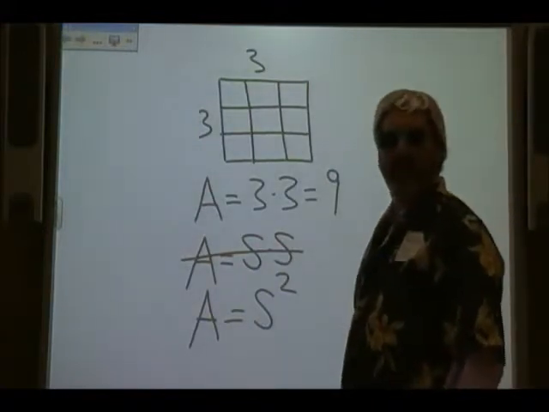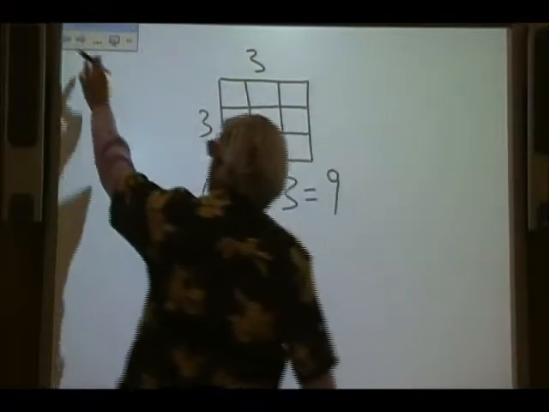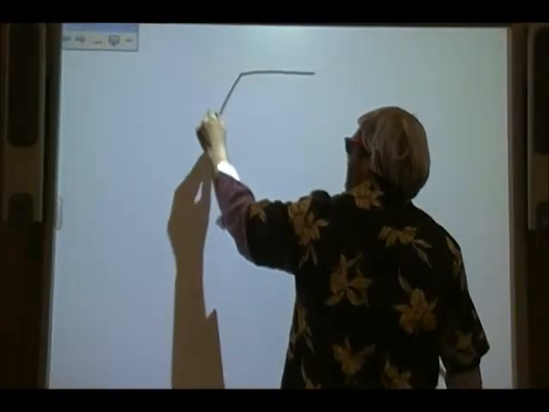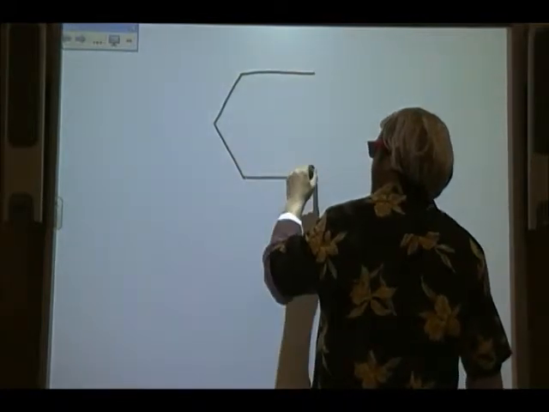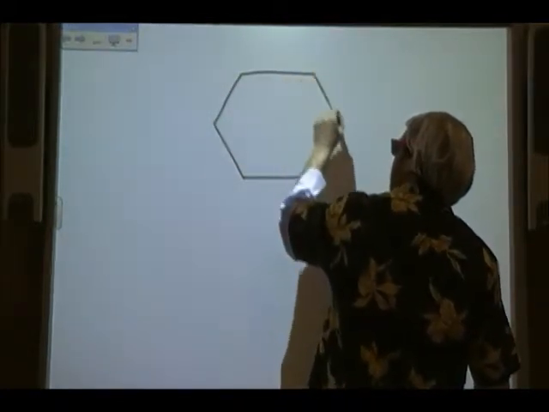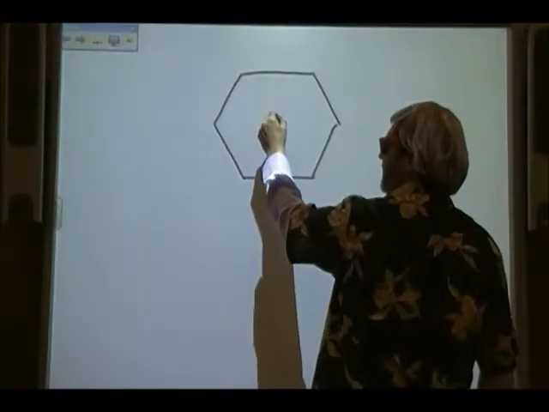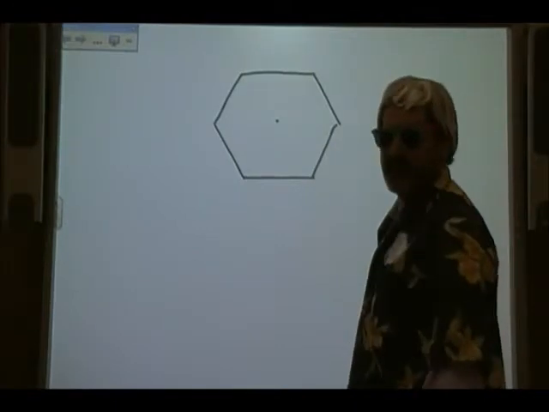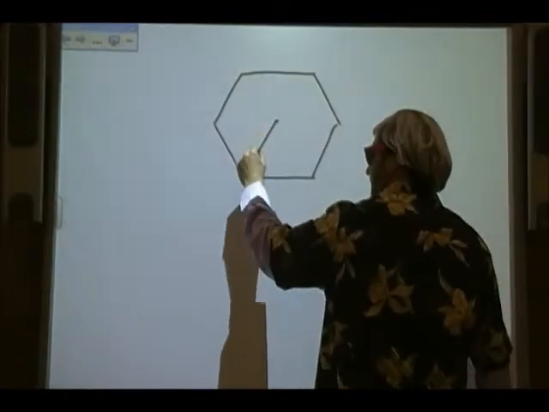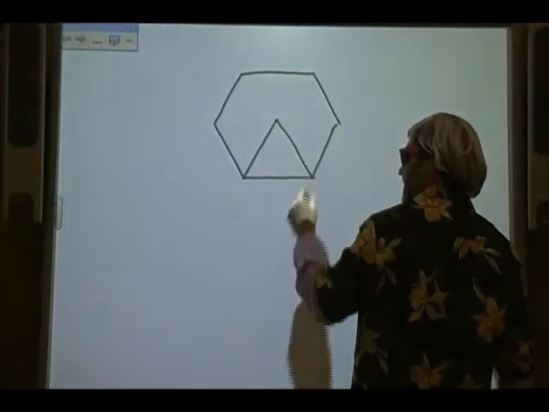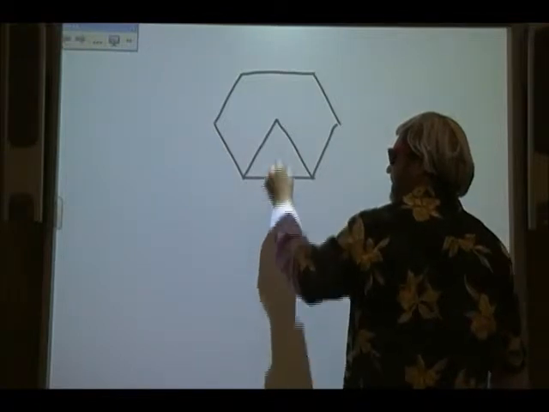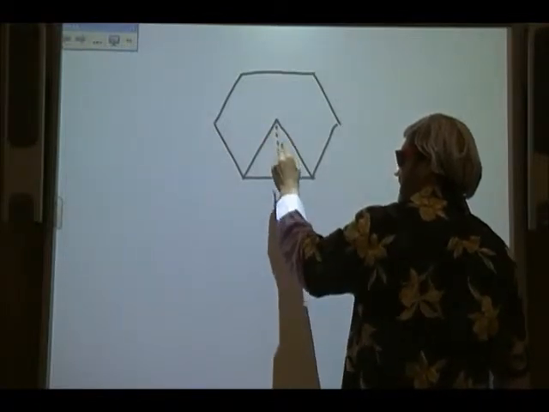And now the area for any polygon, very simply, take a polygon. There we go. All you have to do, this is how they derive the formula, find the center, make a triangle. This is base, this is height.